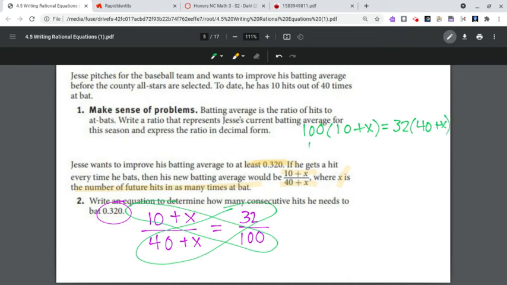I distribute: 1,000 plus 100x equals 32 times 40, which is 1,280, plus 32x. I'm going to move variables to one side, numbers to the other, so I subtract 32x on the left-hand side and subtract 1,000 on the right, which gives us 68x equals 280.